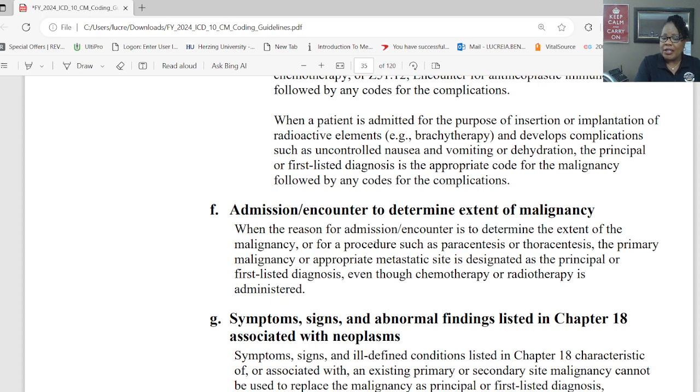So here you're trying to find the reason to determine the extent of the malignancy. So you're doing a procedure to determine the extent. Then it's saying here, the appropriate metastatic site is designated as the principal or first listed diagnoses. That's F.